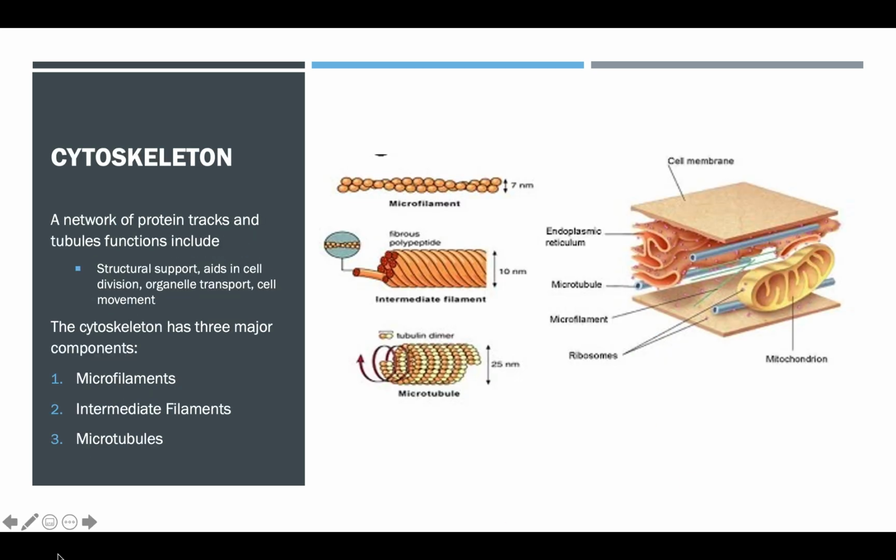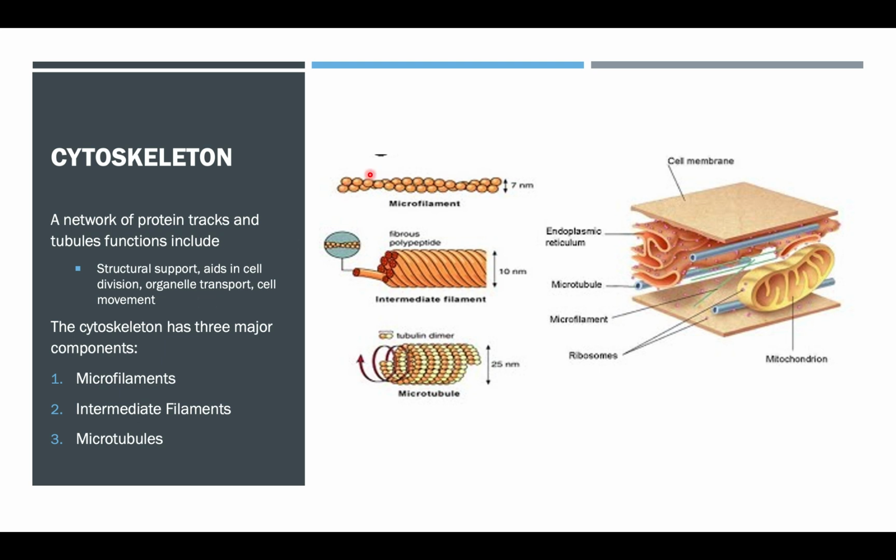So lastly, I want to talk about the cytoskeleton. Now, I know previous slides we were talking about plant cells only. This is not unique to plant cells. The cytoskeleton can be found within all different cells. Basically, the cytoskeleton is made of a network of protein tracks and tubules.